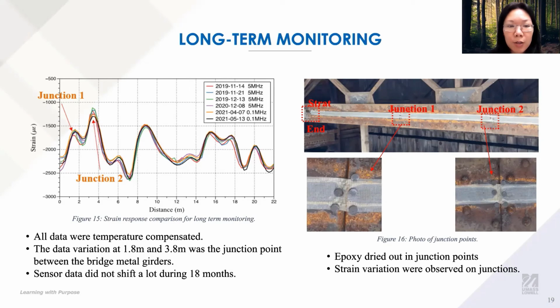The biggest difference may happen at the position 1.8 meter and also the 3.8 meter. We found out that, as shown in figure 16, these two locations actually are where the junction of the girder happens. So the reason may be the drying out of the epoxy, which makes the sensing textile not strongly fixed to the underneath of the bridge.